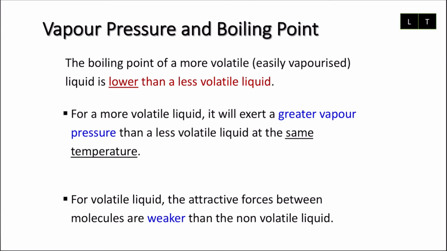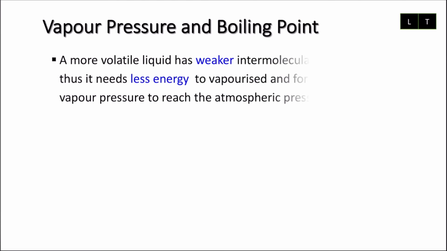So, boleh relate dekat sini, a more volatile liquid has weaker intermolecular forces, thus less energy needed to vaporize and for its vapor pressure to reach the atmospheric pressure. Therefore, dia boleh boil at lower temperature sebab forces yang ikat the molecule itu lemah. Jadi, boiling point boleh reach very faster.